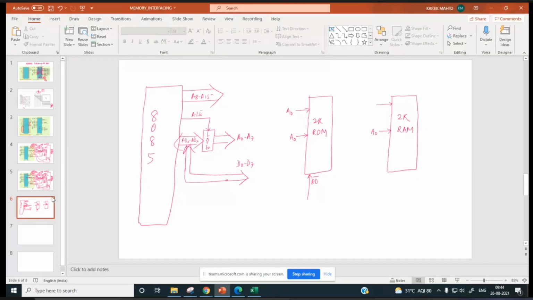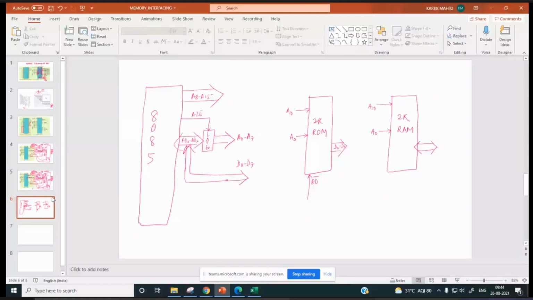It will be A10. Size is same. In each location we have 8-bit data. That also we understand. So data will come out from here D0 to D7, and here data will come out as well as go into the memory RAM chip. So it will be D0 to D7.